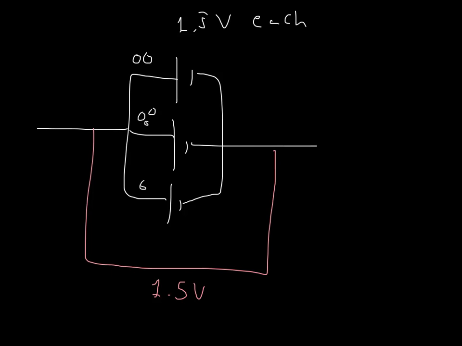Well, they will all meet here, and here, therefore, I'll have 1, 2, 3, 4, 5, 6 coulombs. So what will add up is the current, which means that if I want a big current, then putting my cells in parallel is a good idea. If what I want is a big potential difference, then I want to put them in series.